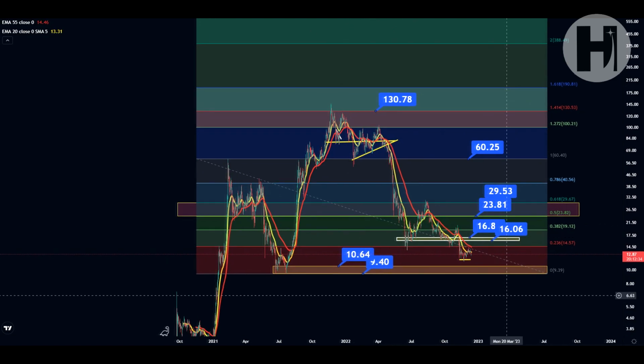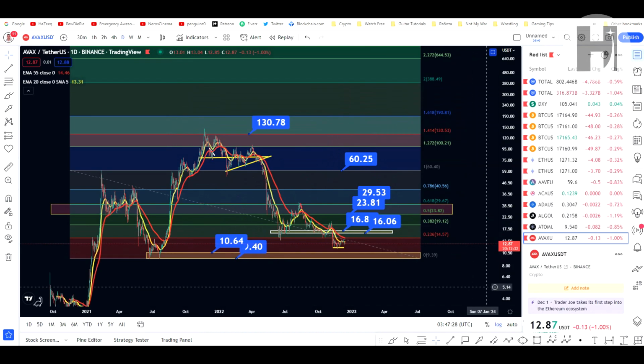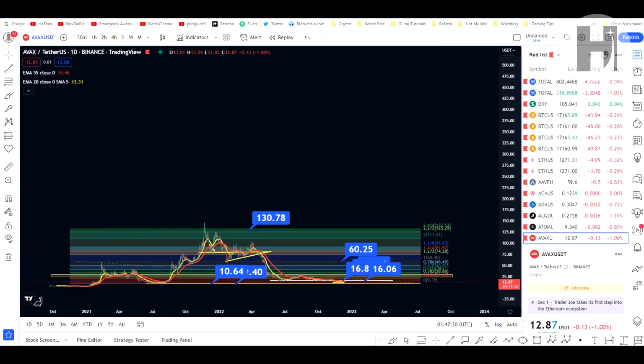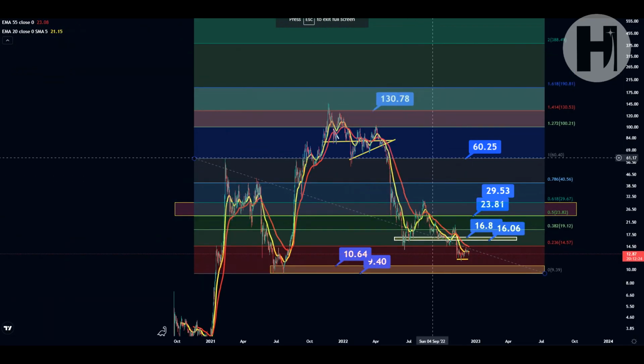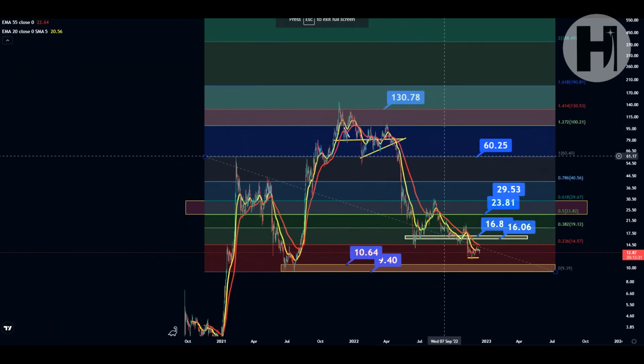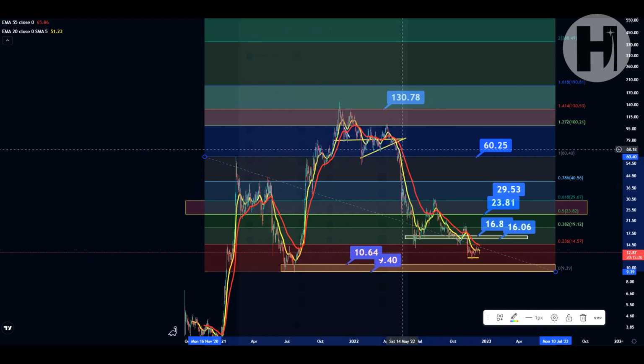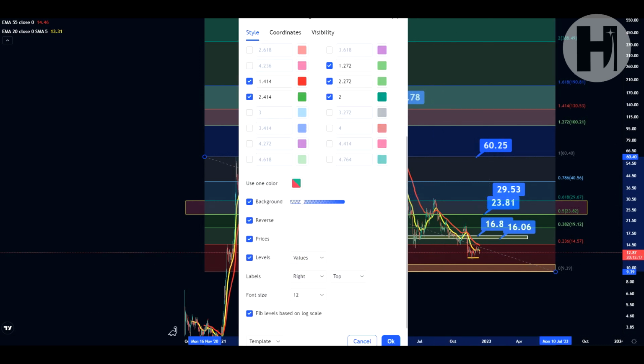So the reason for that is, number one, you're probably not in a logarithmic chart. So you want to click on the log scale here and turn on the log scale. And once you're in the chart, you want to go to your Fibonacci retracement, go to settings, and flip the fib levels based on a log scale as well.